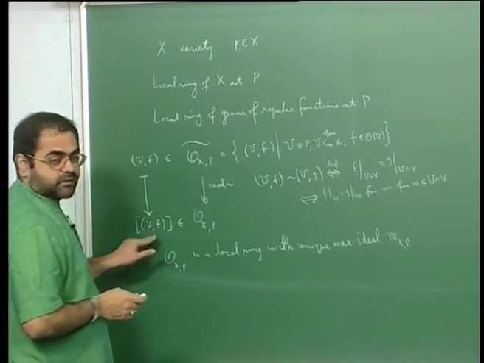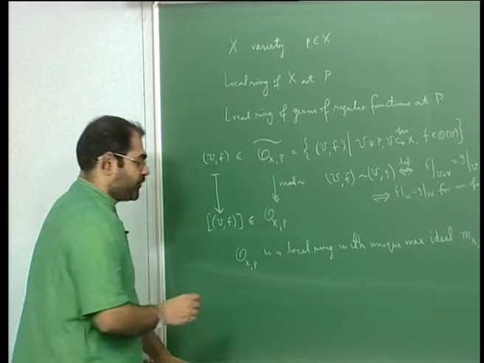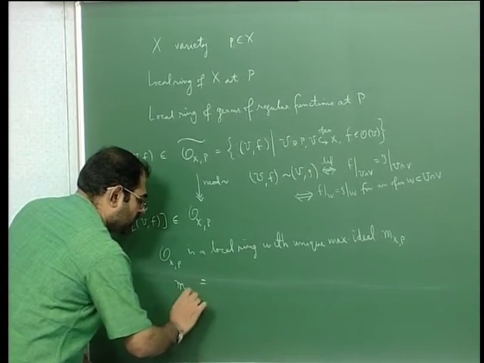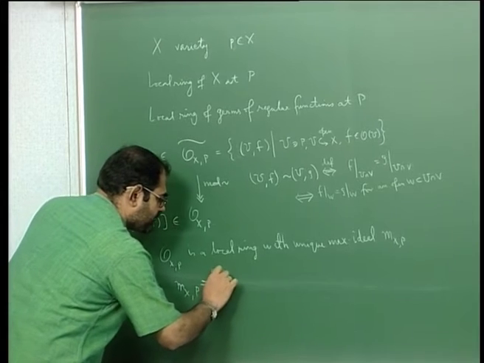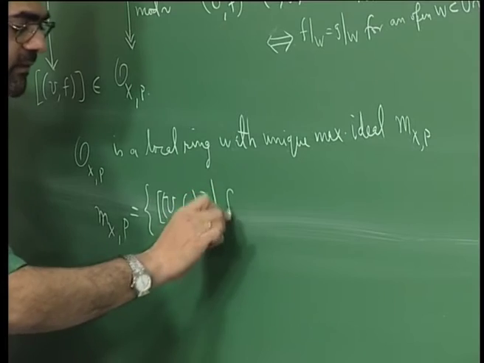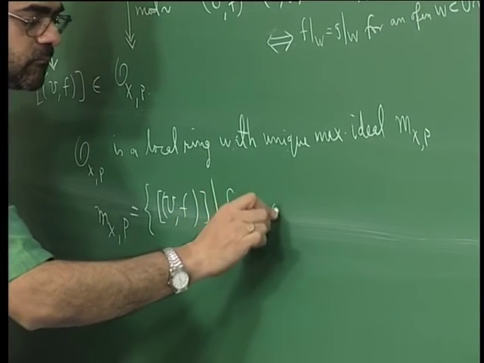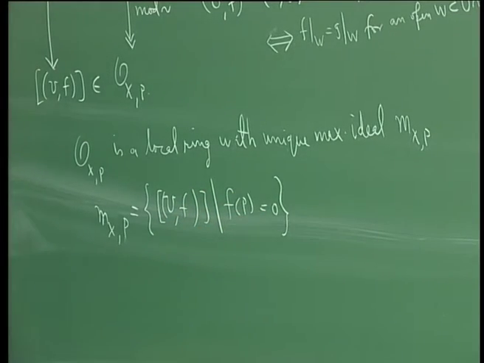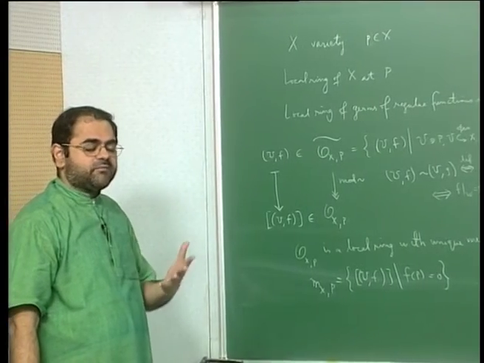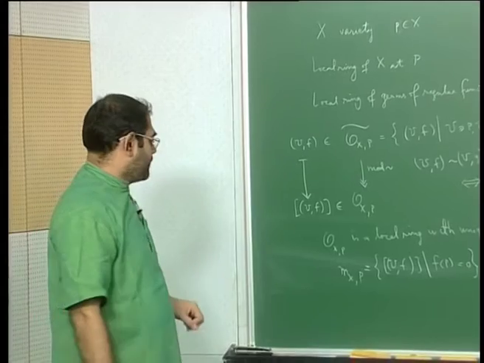It is the germs of all those functions which vanish at the point P. So M_{X,P} is all those germs (U, f) such that f(P) is 0. So germs of those regular functions defined in a neighborhood of the point P which vanish at P.